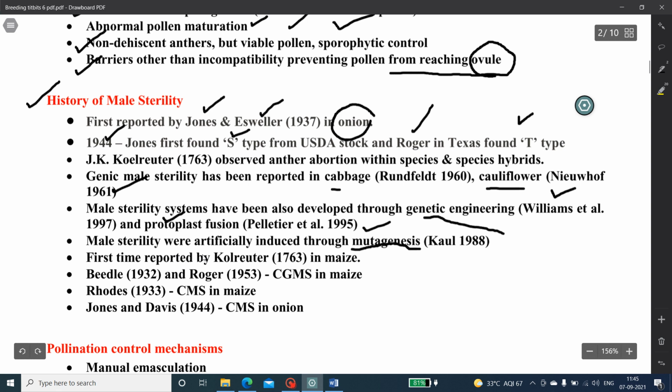The first report in maize was by Kölreuter in 1763, Beadle in 1932 and Rogers in 1953. They found cytoplasmic genetic male sterility in maize. Rhodes in 1933 found cytoplasmic male sterility in maize. Jones and Davis in 1944 reported CMS in onion.